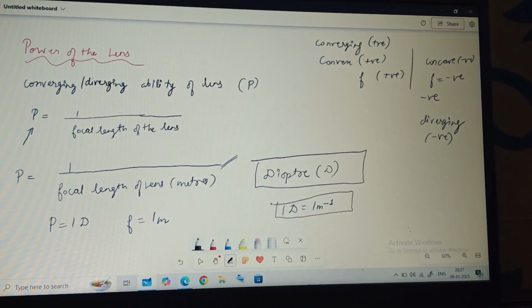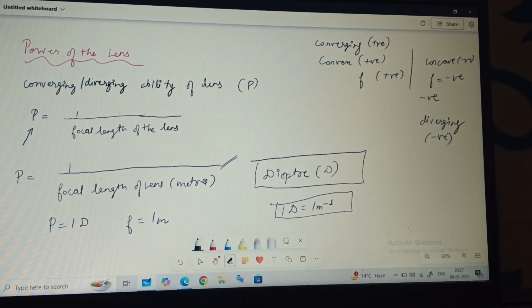Now since we know that a convex lens is a converging lens whose focal length is always positive, the power of the convex lens is always expressed as positive. Whereas a concave lens, being the diverging lens, has a negative focal length, so the power of a concave lens is expressed as negative as well.